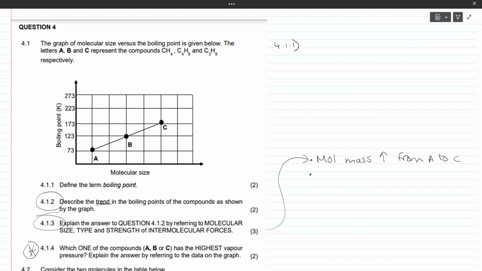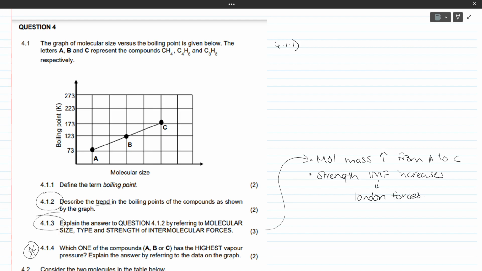Then the strength of the London forces, so you could say the strength of your intermolecular forces is increasing. Now, it would be good for you to specify what the intermolecular forces are here. And you can see that you've got your London forces here, or you could call them induced dipole, right? So you could say London forces.